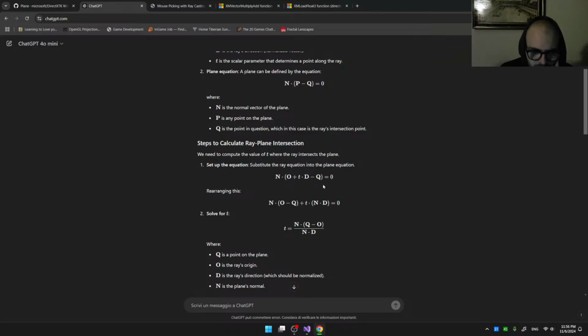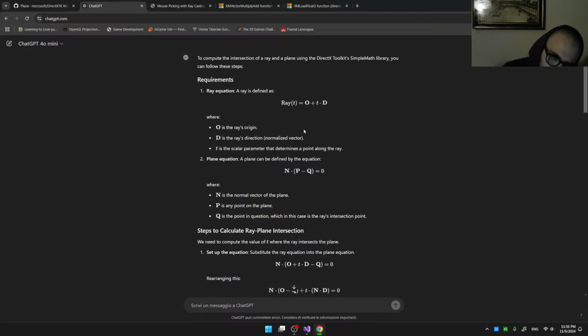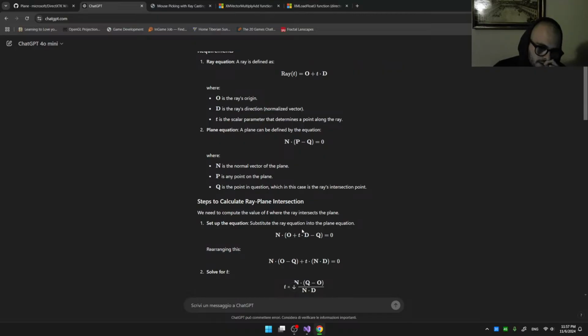The interesting thing about this ray equation is that it gives us a point belonging to the ray just using the parameter t. So we only need to solve for t.